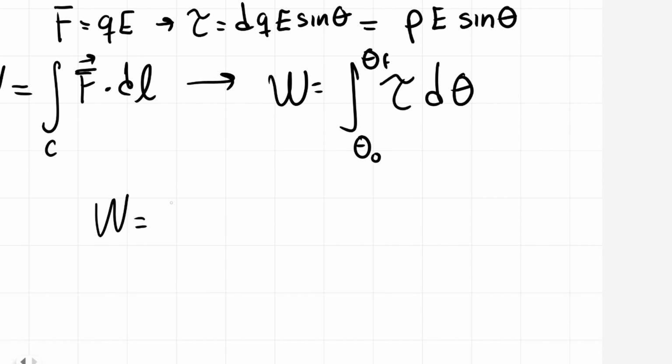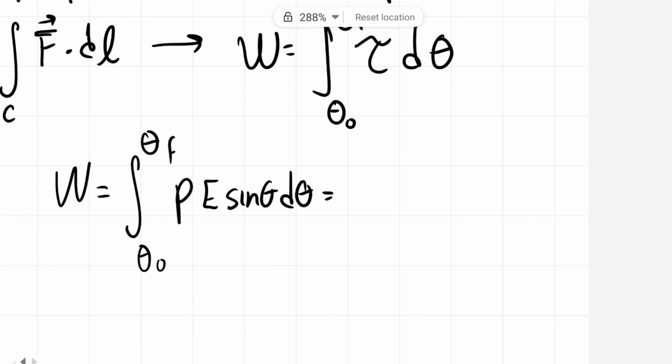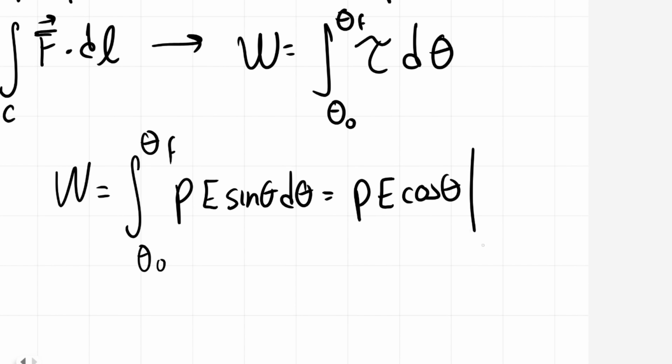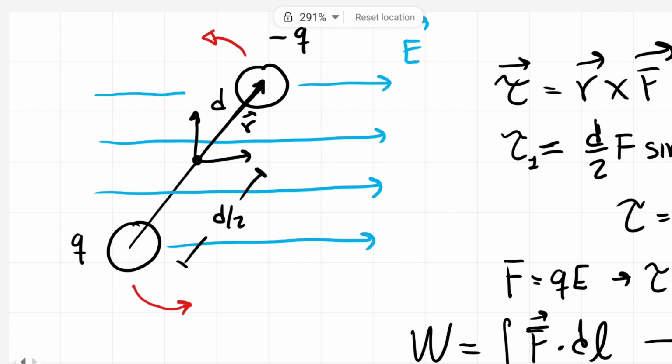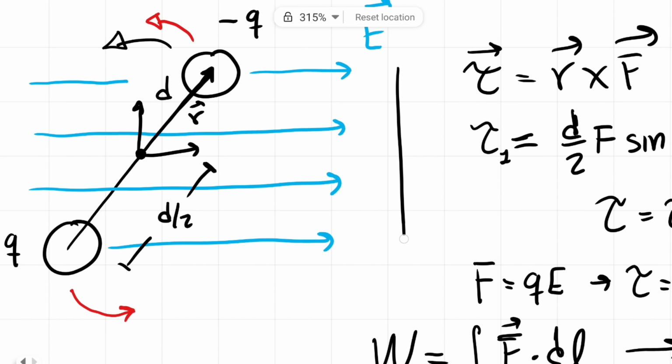So this is how we are going to calculate the work. This means that the work is equal to the integral from theta 0 to theta f of P E sine theta d theta, which immediately we see is minus P E cosine theta from theta 0 to theta f. And let me recall that in this case, since the motion is going to be in this direction, the final position of the dipole charges is the vertical one, where the angle theta is 90 degrees.